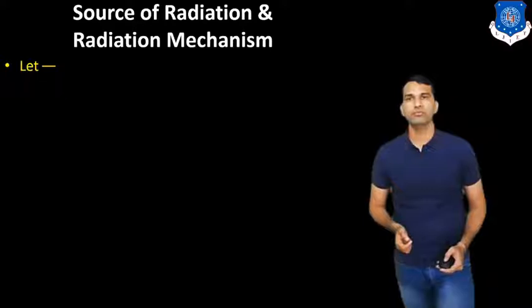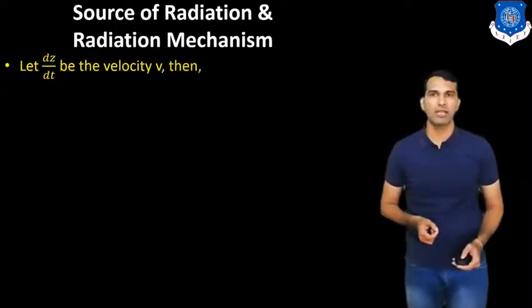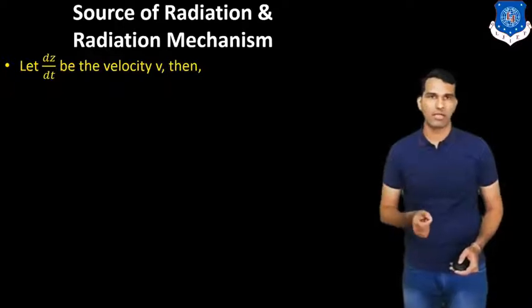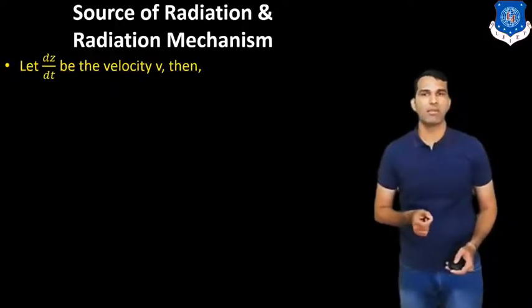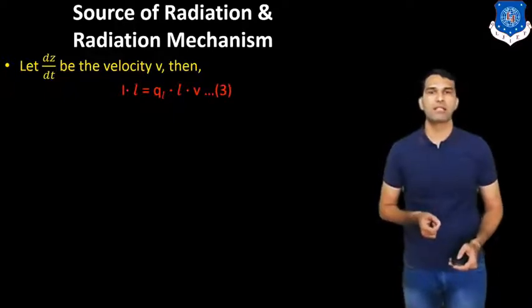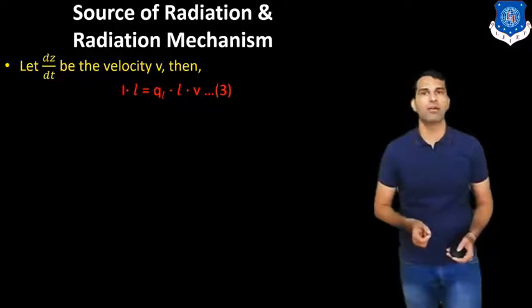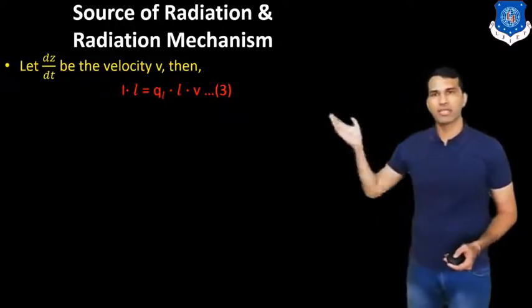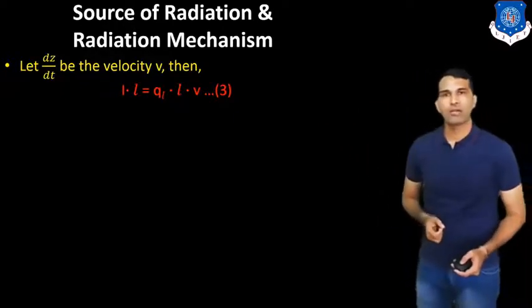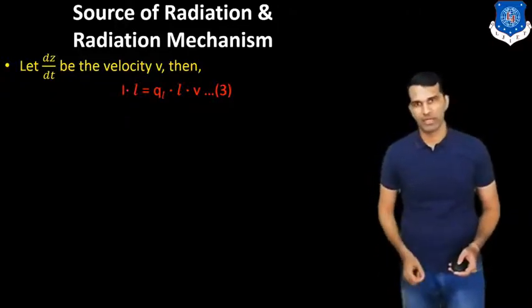Now let dz by dt be the velocity v. We know that dz by dt is defined as the velocity, so we can write the right side terms with v instead of dz by dt. So we get I times L is equal to QL times L times v.